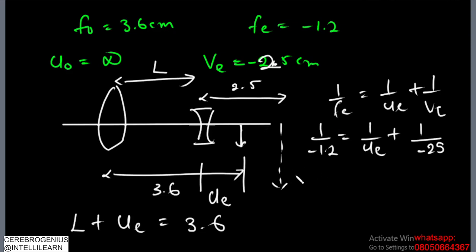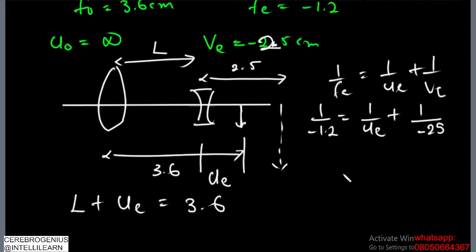So you have minus 1.26. Why am I getting a negative answer? Let me try it again. Yes, the answer is still negative. So I think it's negative because it was a virtual image, right? So that's 1.26. So that means UE is equal to 1.26.